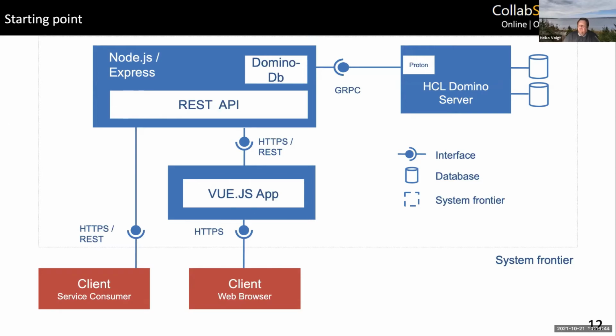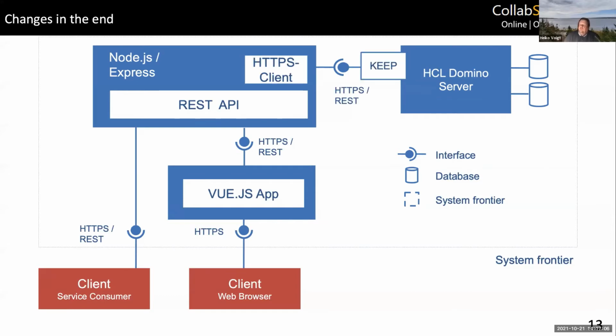It's a single page application, executes in the client, which talks through a HTTP client doing REST calls against our own REST API, which then traverses the Domino-related features and functionalities in the initial version into DominoDB calls and then over to Proton on the Domino server.